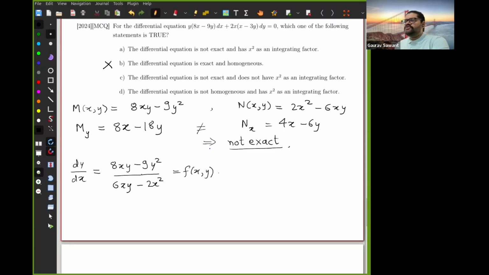So this automatically will be a homogeneous equation, since f(tx,ty) equals f(x,y). But option D claims that this equation is not homogeneous, while we actually saw that it is homogeneous. So this option also goes out of the path.